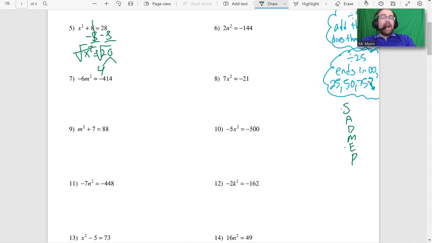Divide it by 2, take half, 10. 10 is even, so I know it divides by 4. Take half again, 5. 20 divided by 4 is 5. Or since it's a small enough number, maybe you just have that one memorized. Maybe you already knew that 4 times 5 is 20. So if that is how you did it, then awesome. Don't forget to put a plus or minus. The square root of 4 is 2, and then a root 5.